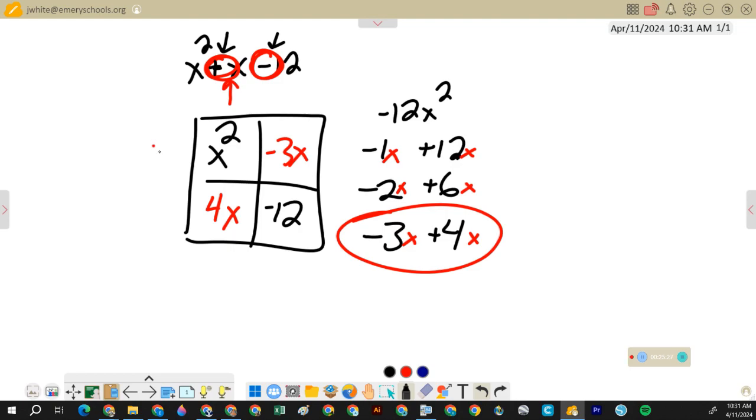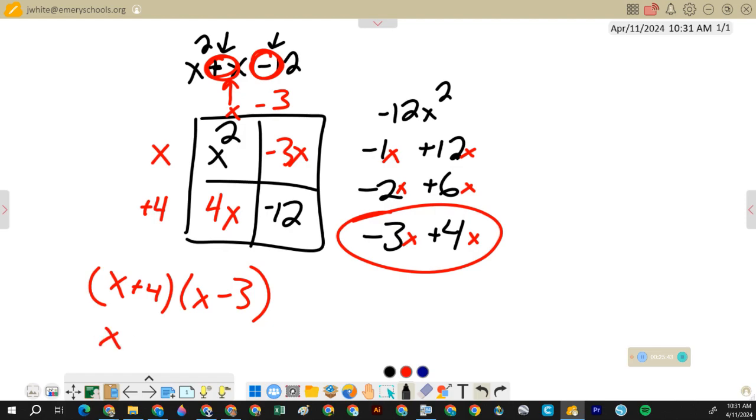So we pull out an x. What's left? x minus 3. We pull out an x, and I get x plus 4. So my factors are x plus 4 and x minus 3, which means that my roots are negative 4 and 3. Okay, it looks like you guys have all run out of room.